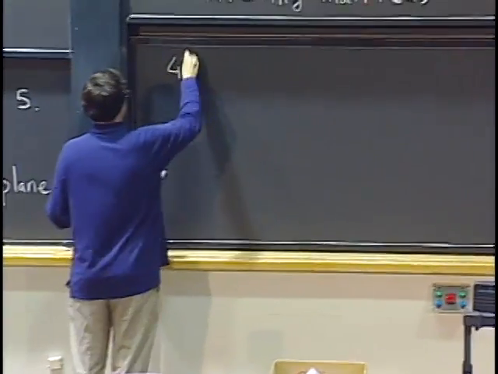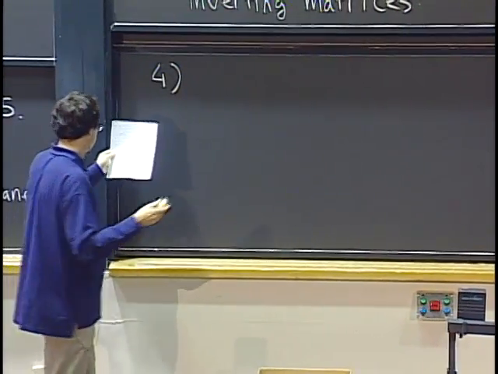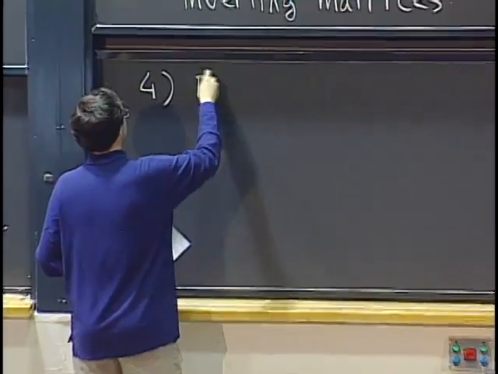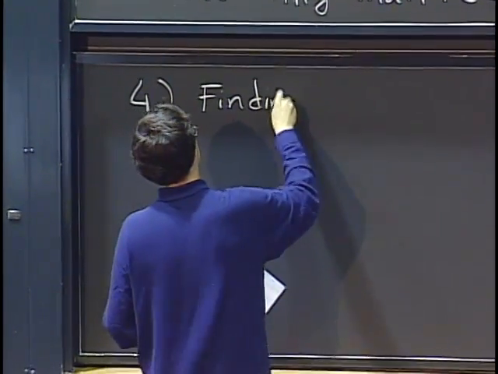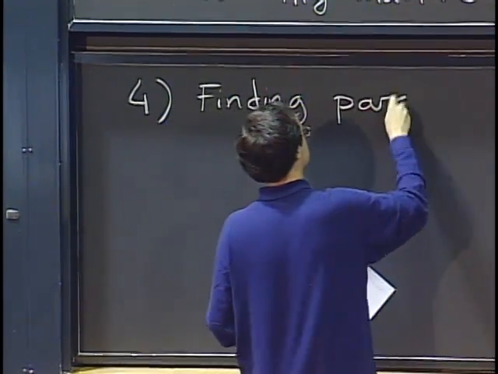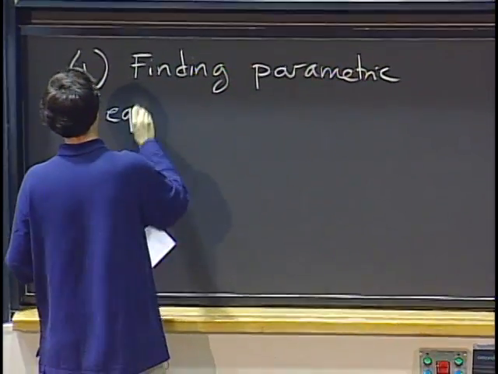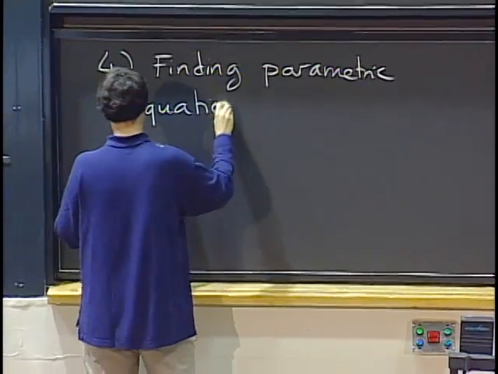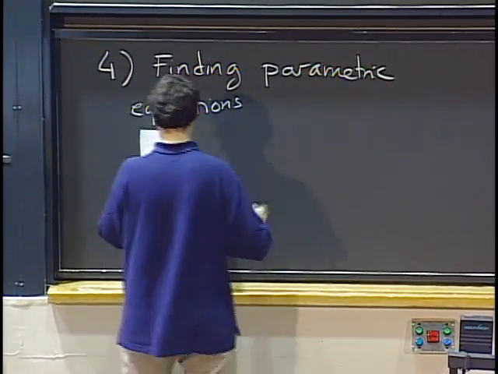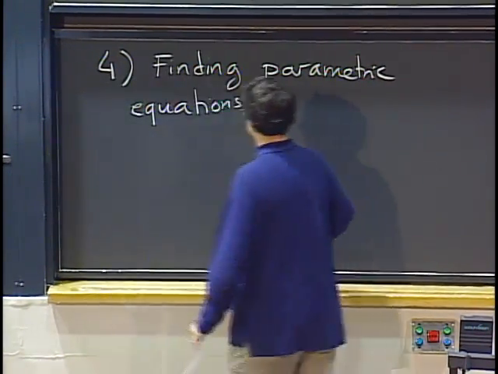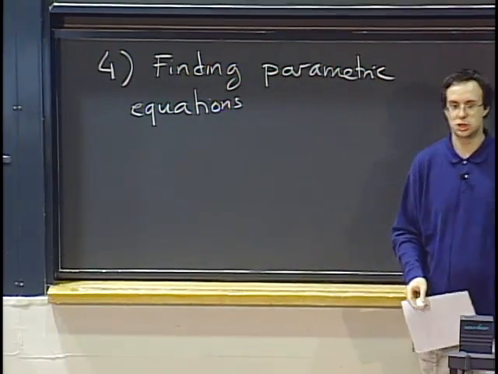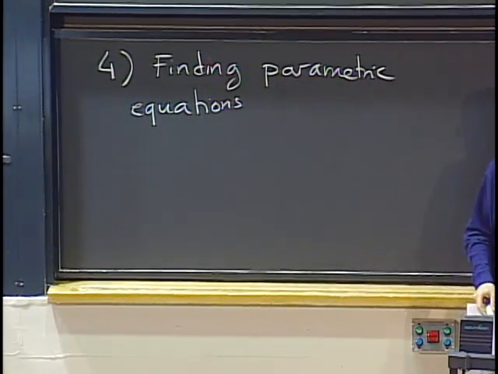Okay, and then we come to, last but not least, the problem of finding parametric equations, and in particular, possibly by decomposing the position vector into a sum of simpler vectors.